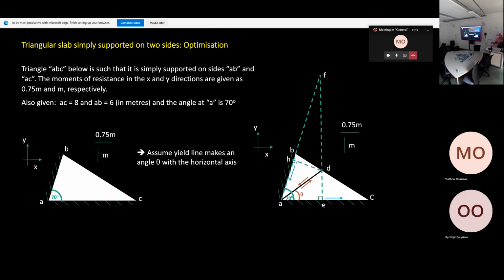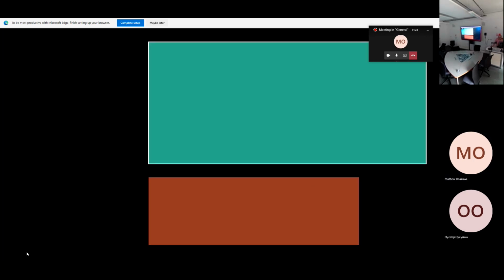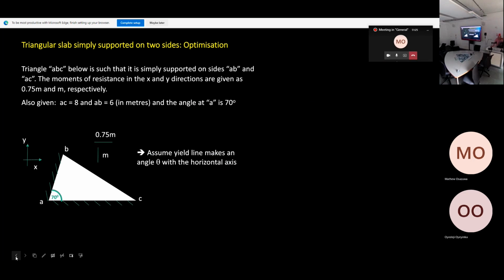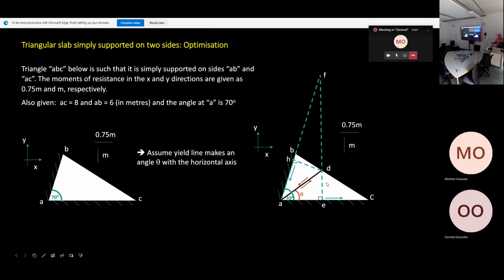What I've got here, do you agree with the direction of the moment vectors? Use the right hand and check it for yourself.